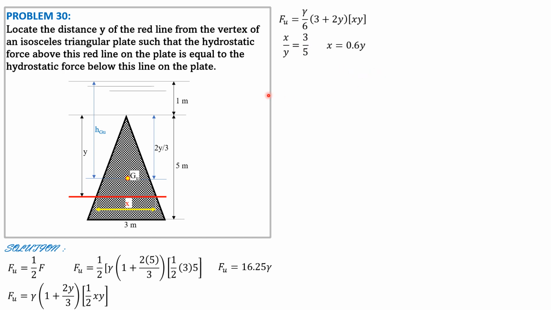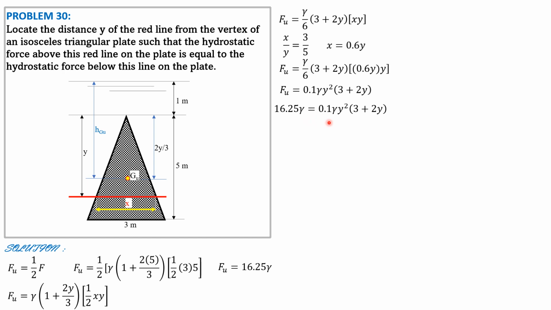So Fu is 0.1 of specific weight, y squared, quantity 3 plus 2y. And substitute the value of Fu, which is 16.25 of specific weight.